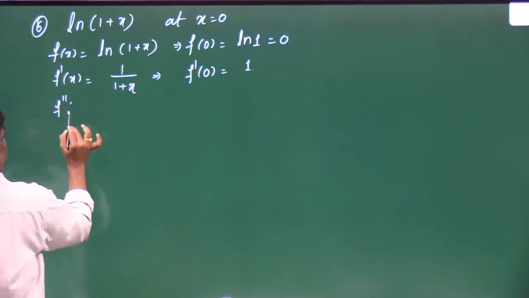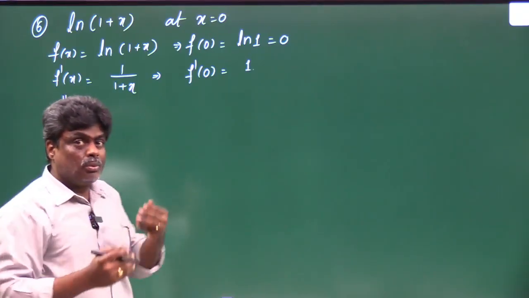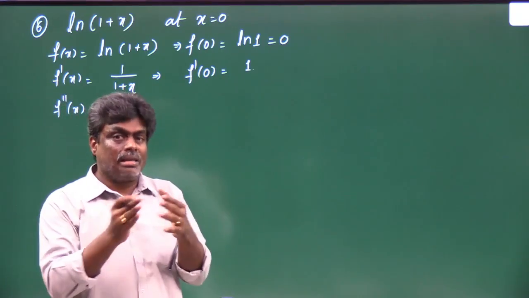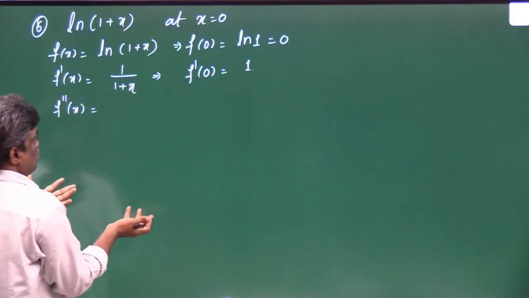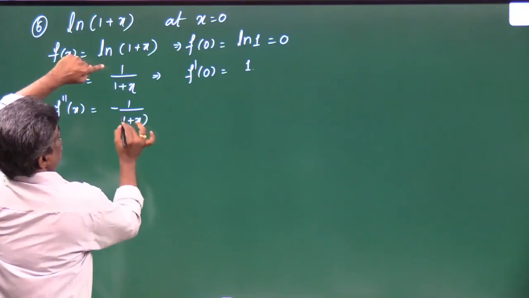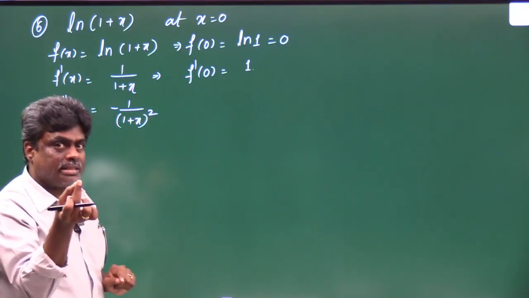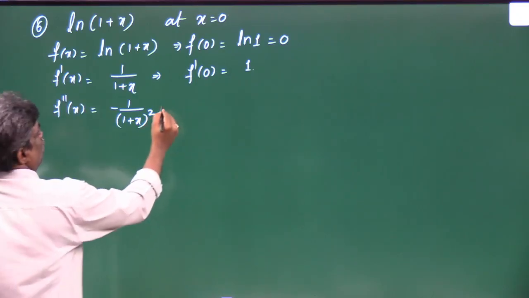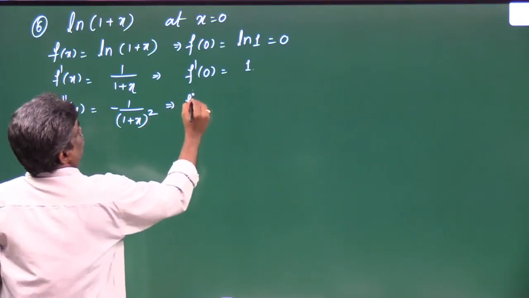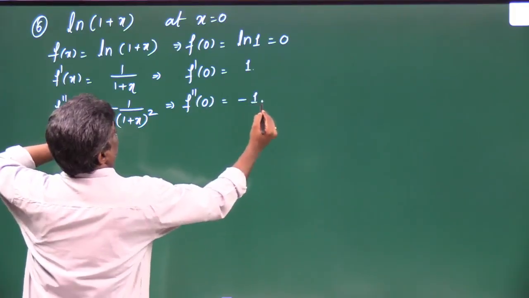And the second derivative of f. So I told you, it is minus 1 by f of x whole square. That's why minus 1 by 1 plus x whole square. Again, one more time if you differentiate, the derivative of x is 1, and substitute, f double dash of 0 equal to minus 1.